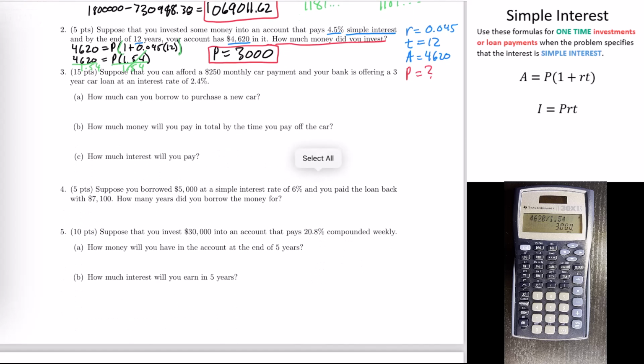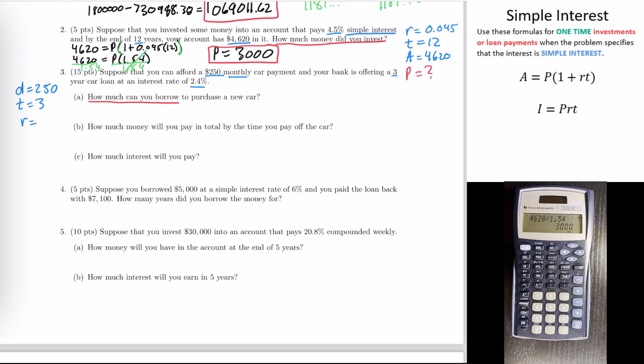On question 3, it says, suppose that you can afford a $250 monthly car payment and your bank is offering a 3-year car loan at an interest rate of 2.4%. And we're asked to find how much can you borrow to purchase a new car. So if we identify our variables, the $250 is a monthly car payment, which means that that's going to be the variable D. And then T is going to be 3 because this is a 3-year car loan.